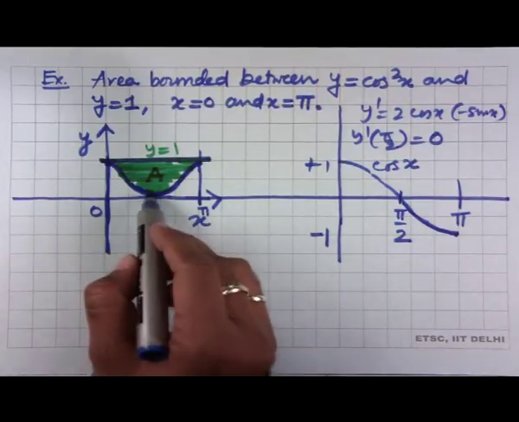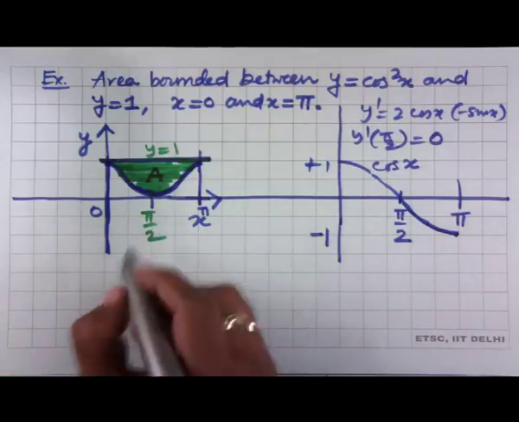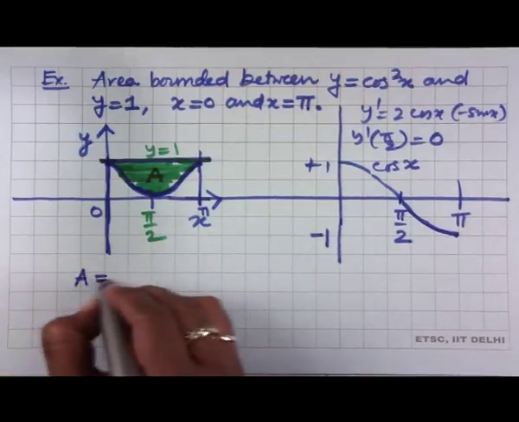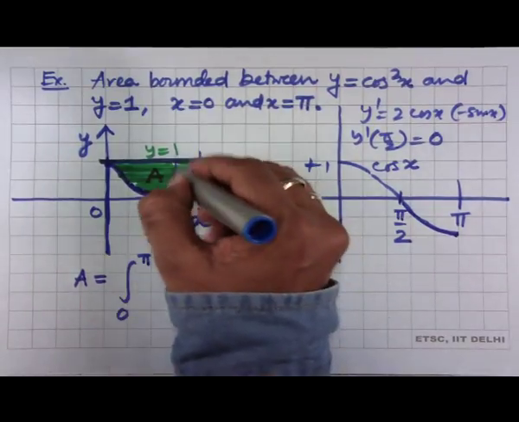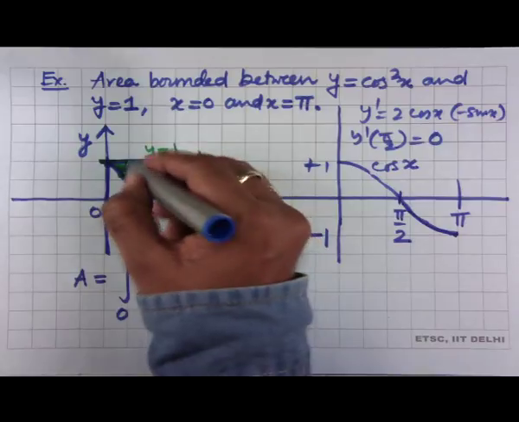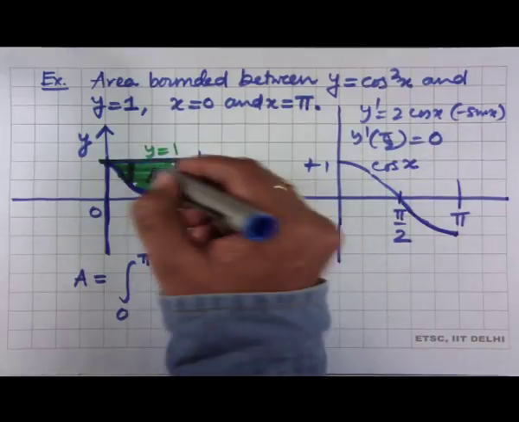The tangent at pi by 2 is the x axis. So, the required area is therefore from 0 to pi. The elementary area will be vertical strips.